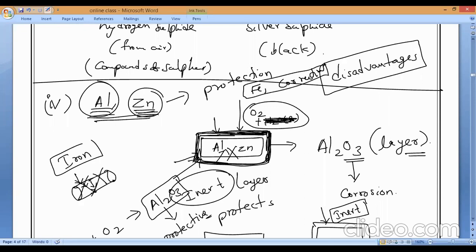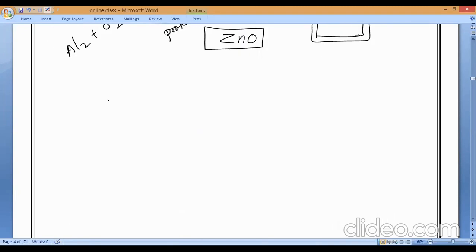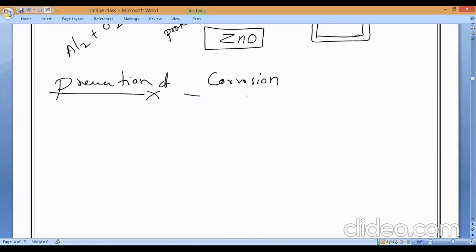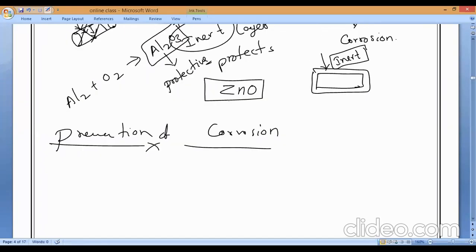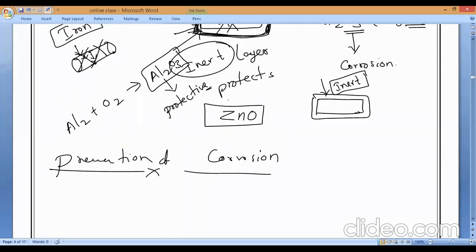That is prevention of rusting, or prevention of corrosion, which we will study in the next class. Why we use aluminum and zinc for prevention of corrosion of other metals, you might understand: aluminum gives a protective layer on the other metals, so that further corrosion won't take place.